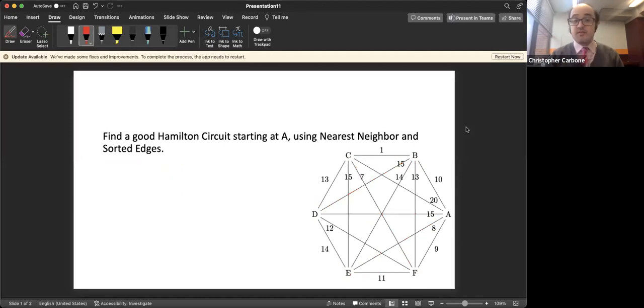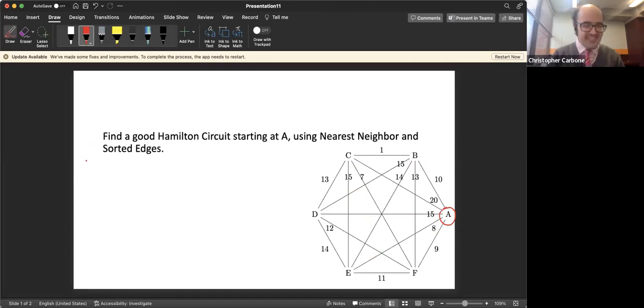So, doing that for this one, again, we are starting at the vertex. But we do need to list out all of the weights for the sorted edges. Just bear with me as I list all these out.